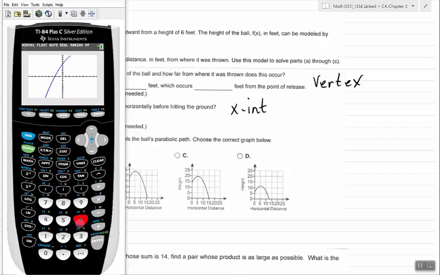I could have looked at all of these, and I guess I will. They all go 0 to 25 and 0 to 25. So when you've been given a graph that you're working from in MyMathLab, you can mimic the window.